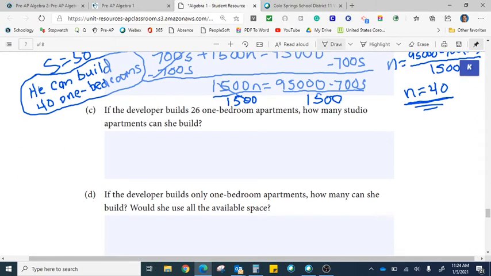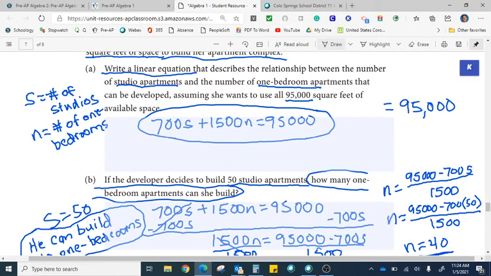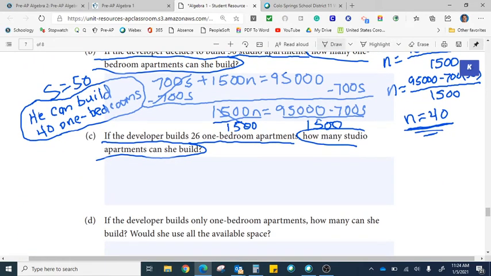Okay, so if the developer builds 26 one-bedrooms, now we're talking about how many studios. So we still have that same equation. Go back up to the top and plug in the same equation: 700S plus 1,500N equals 95,000.